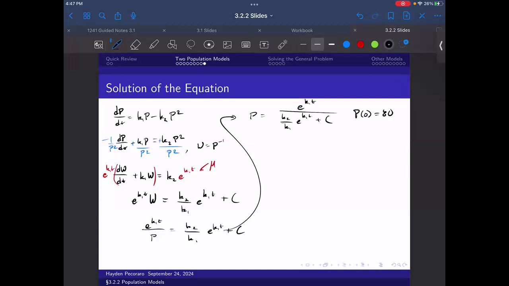At this point, maybe we can plug in some numbers, since I did that more in general than I meant to. K1 equals 0.5, K2 equals 0.004. K2 over K1 is 1 over 125.